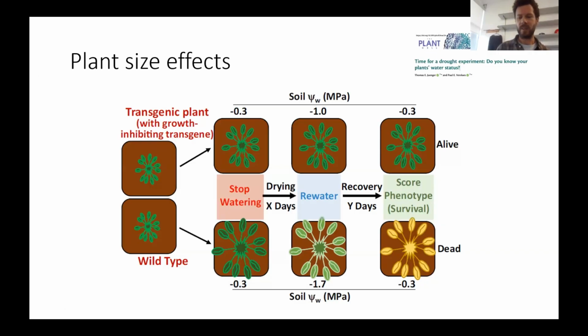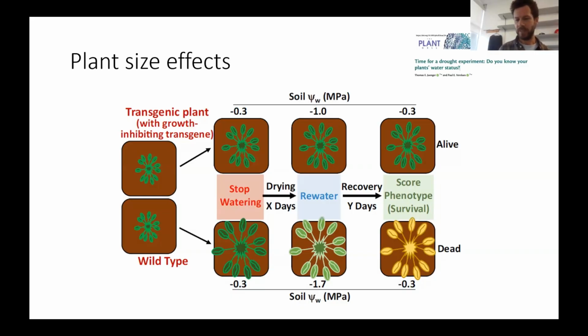Essentially, because the smaller plant uses less water in that early stage of drought, while there's still some access to water in the soil, it's going to dry down more slowly than a plant that's bigger, with more leaf area and more demand for water use.